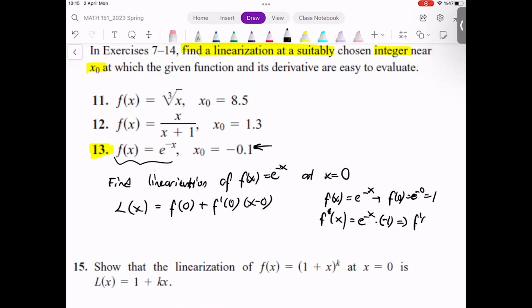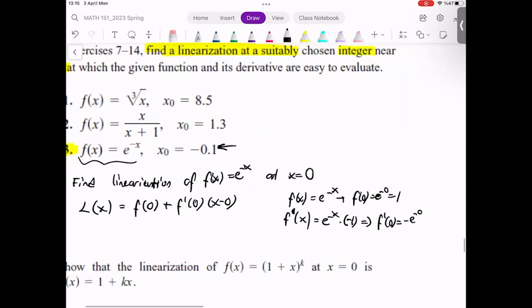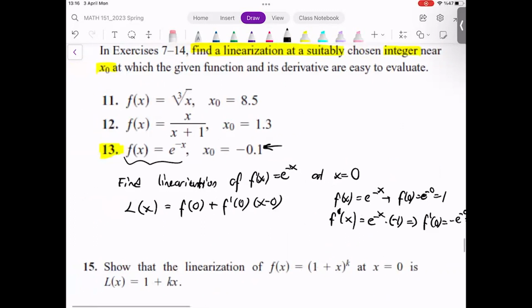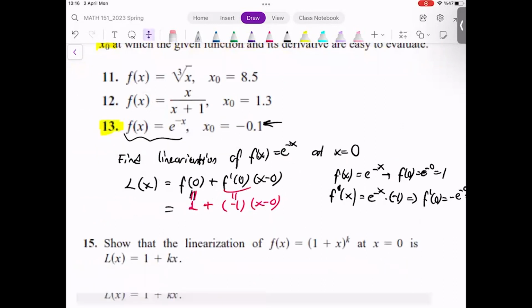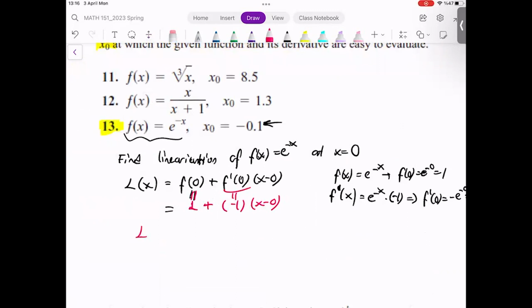That's why the first derivative evaluated at 0 is minus e to the power minus 0. So this is minus 1. Let's insert all these quantities. f of 0 is evaluated as 1 plus minus 1 times x minus 0. So the linearization function is 1 minus x, right? This is our linearization.